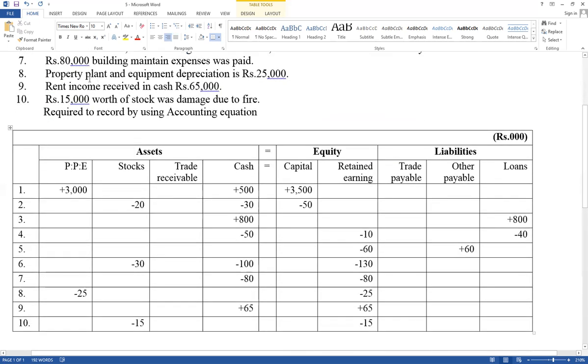Any income, rent income, interest income, dividend income, commission income, any income received in cash, cash increases and retained earnings increase. Very, very important. Think about if equity is given separately as capital and retained earnings. Try to recognize what kind of information should be recorded under the capital column, as well as what kind of information should be recorded under the retained earnings column.